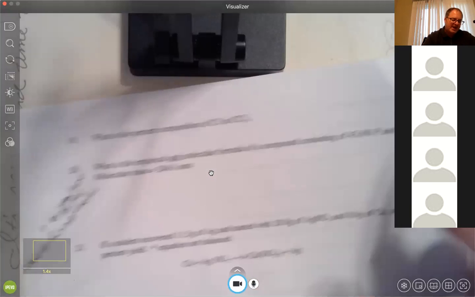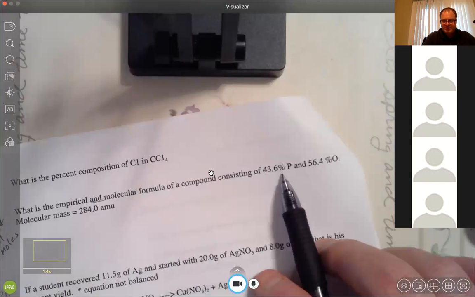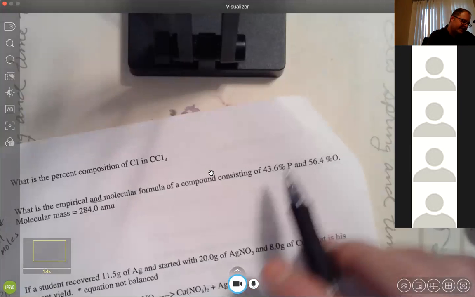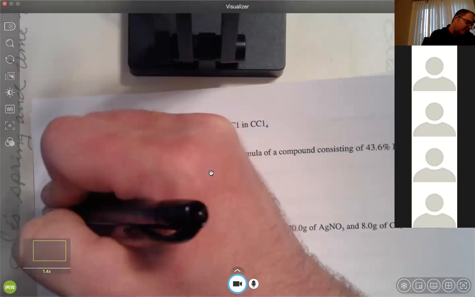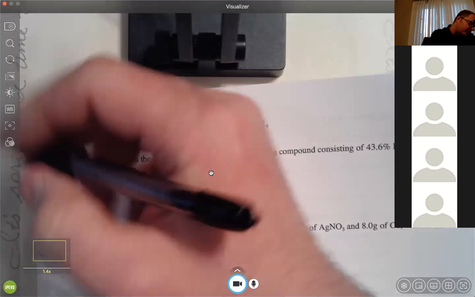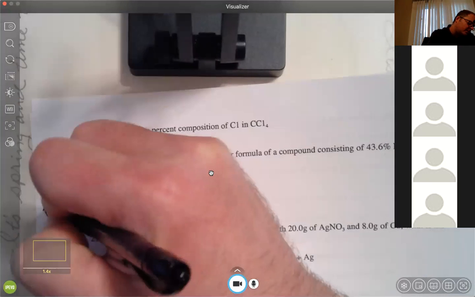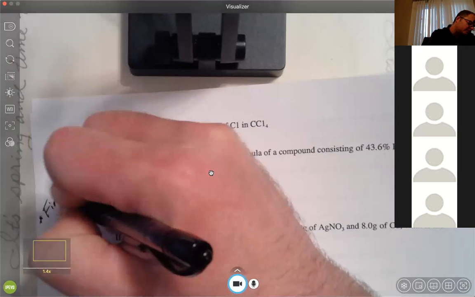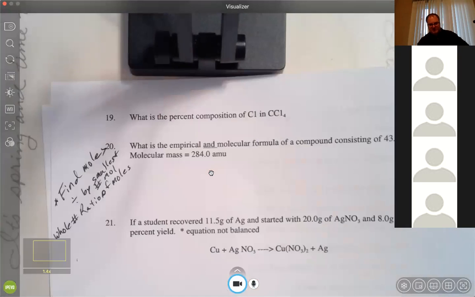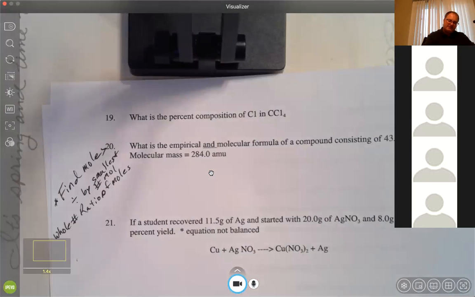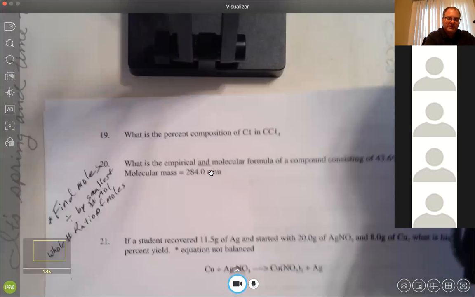Now, in this case, we have percent, and this is percent by mass. So anytime you've got to get an empirical formula, number one, find moles. If you know all the different ways to do that, that's a bonus. If you don't, that's a weakness.